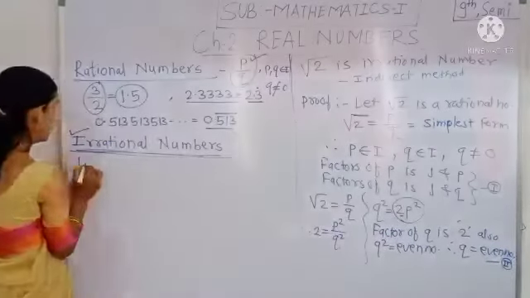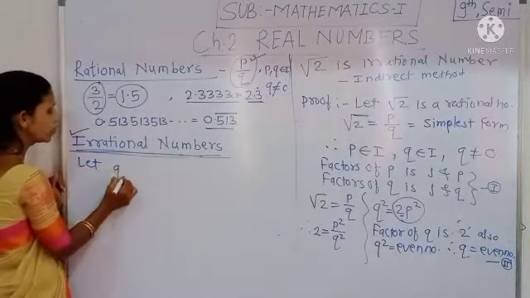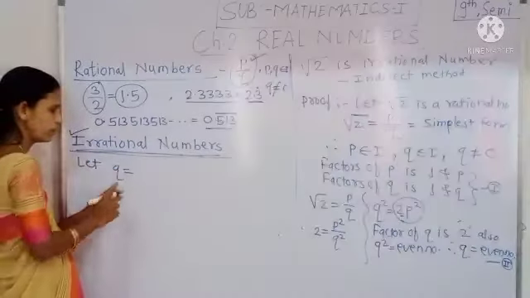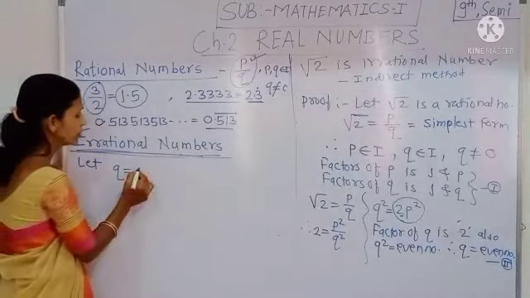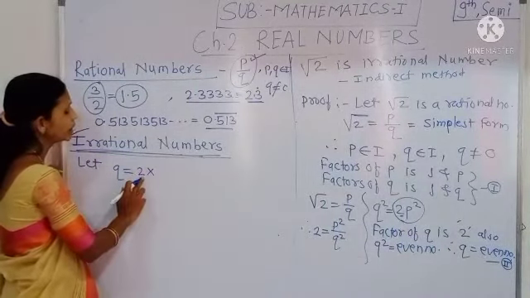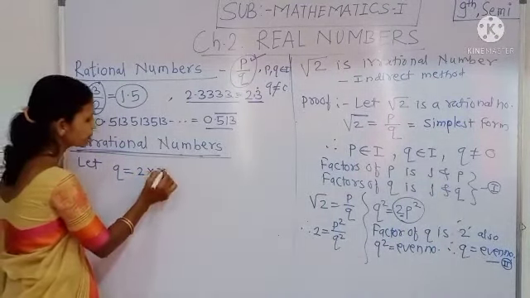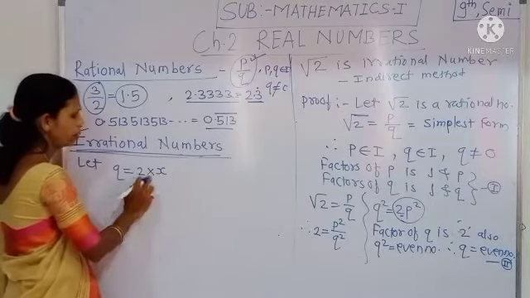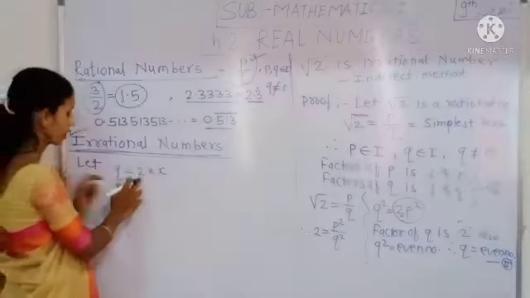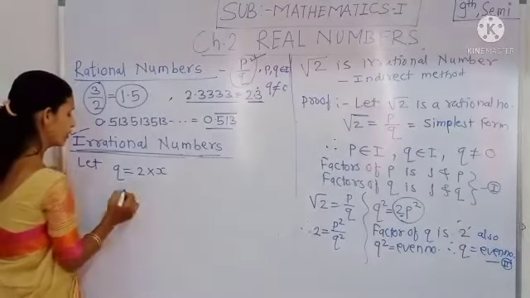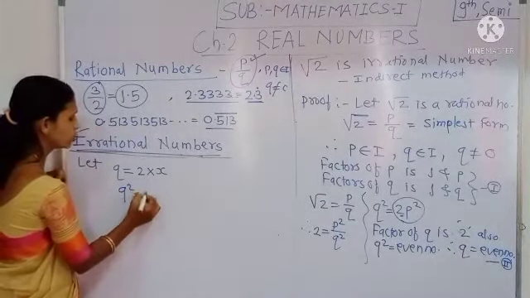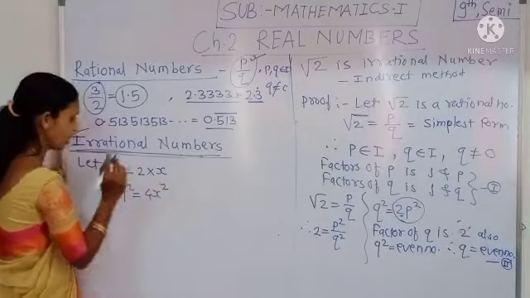Then let us consider that a factor of Q is 2. Therefore, Q is a multiple of 2, say Q is equal to 2x. Therefore, Q square is equal to 4x square.